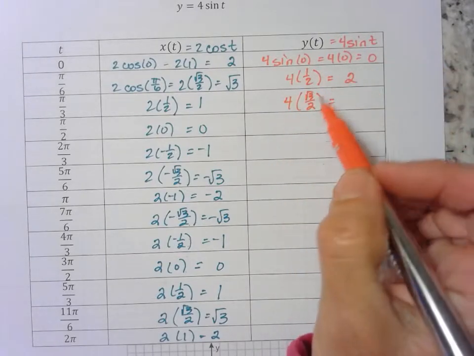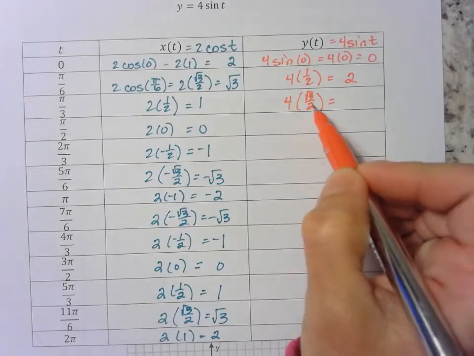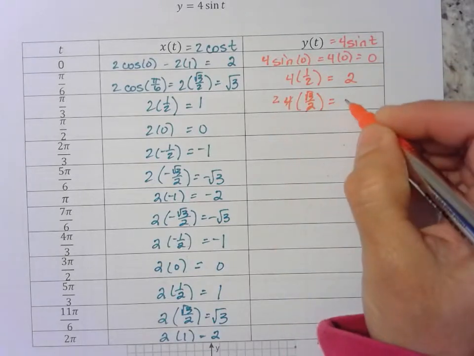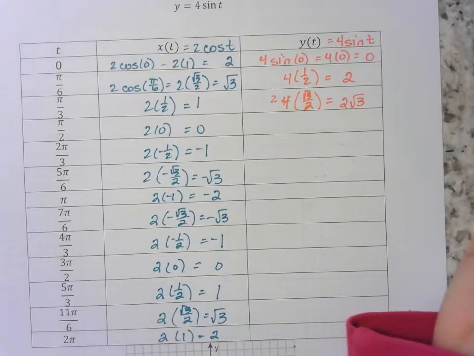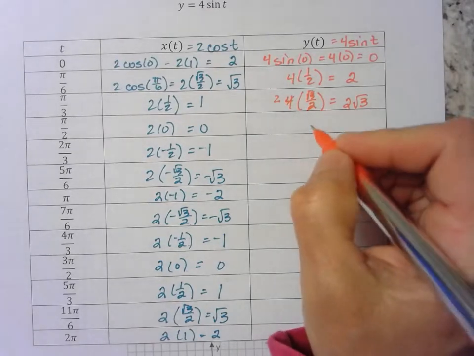Okay, so on this one, the 2 will go into the 4 2 times, leaving you with 2 square roots of 3. So you'll understand where we got that from later.